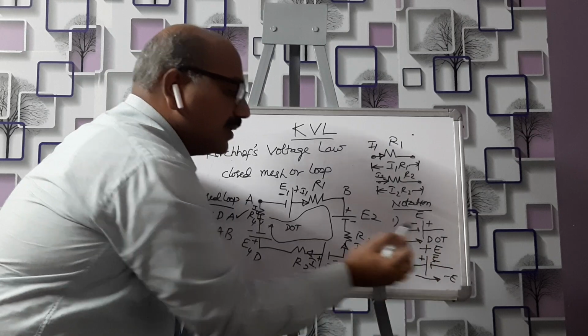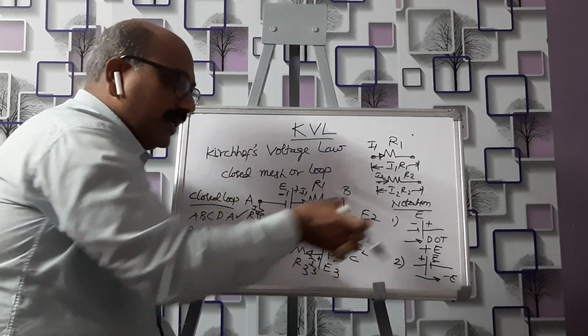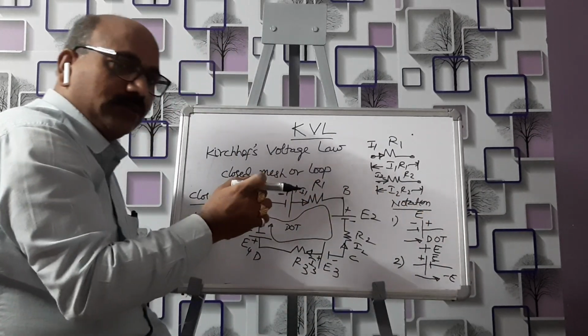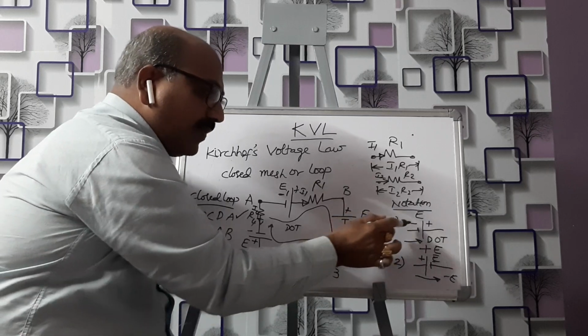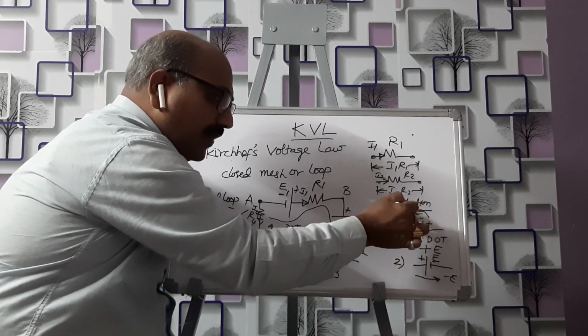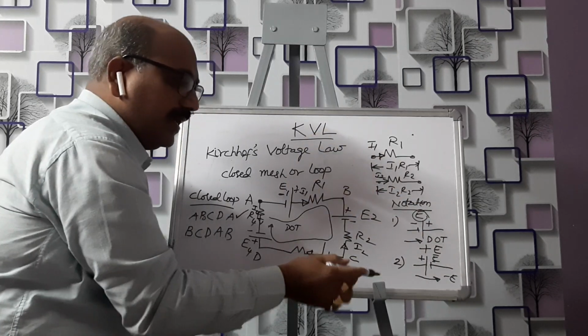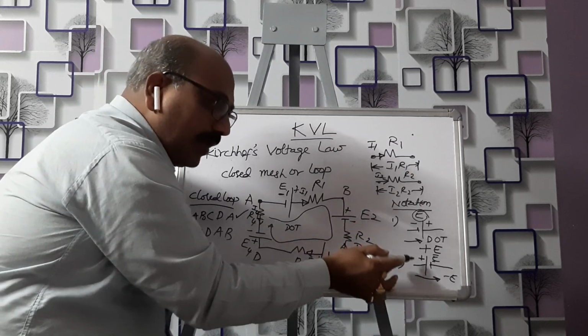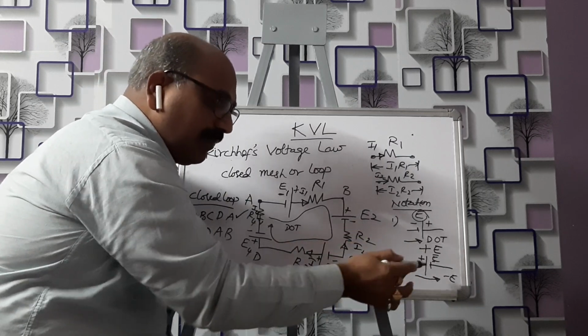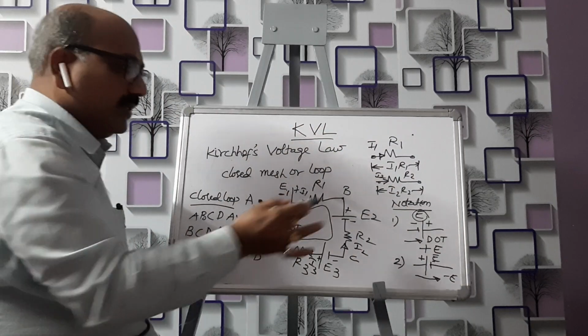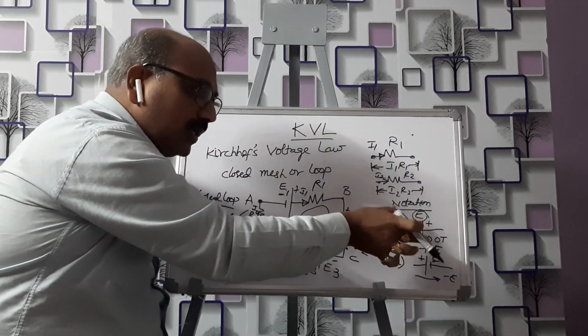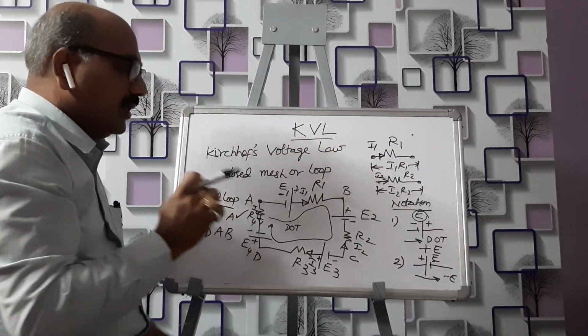Is it clear? In case of a battery, there are two rules. When traveling from minus to plus, the EMF is taken as positive E, and when traveling from plus to minus, the EMF is taken as minus E. These two are the EMF rules.